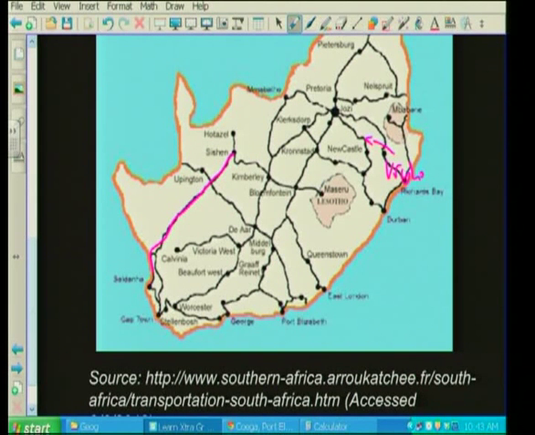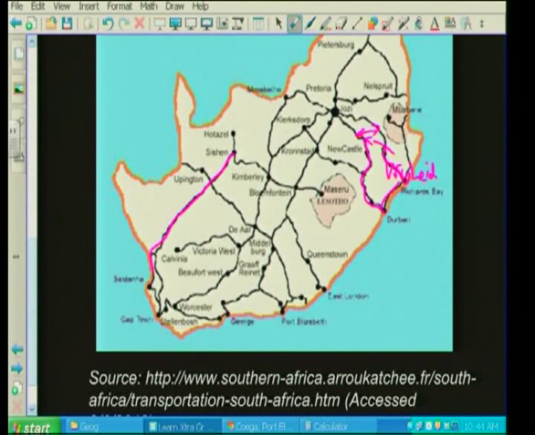Vryheid is also a major town in KwaZulu-Natal province, and that little line there is where most of our coal gets to go down to Durban and then eventually Richards Bay, or if they take it this other way, it goes that way with the linkages that they might have over here.